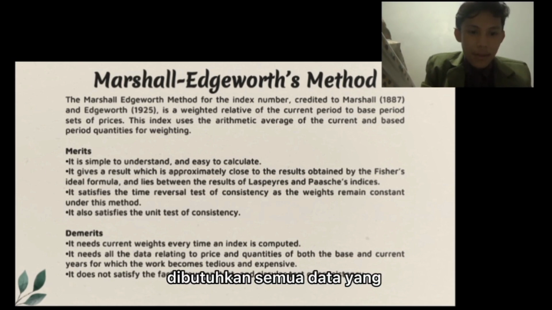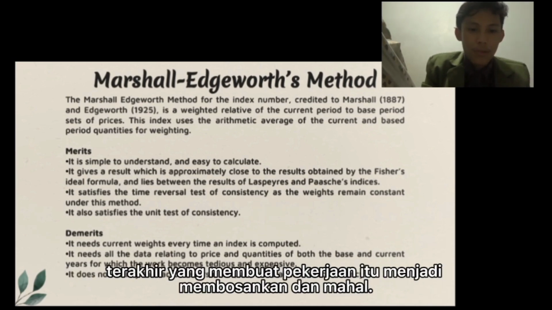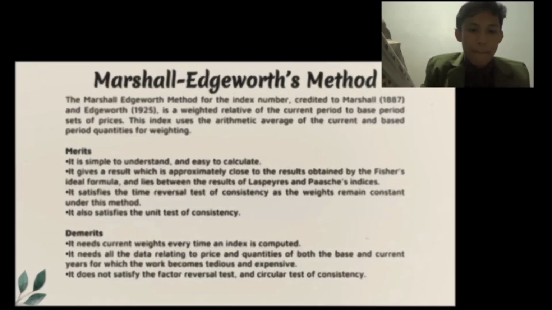It needs all the data relating to price and quantities of both the base and current years, for which the work becomes tedious and expensive. It does not satisfy the factor reversal test and circular test of consistency.